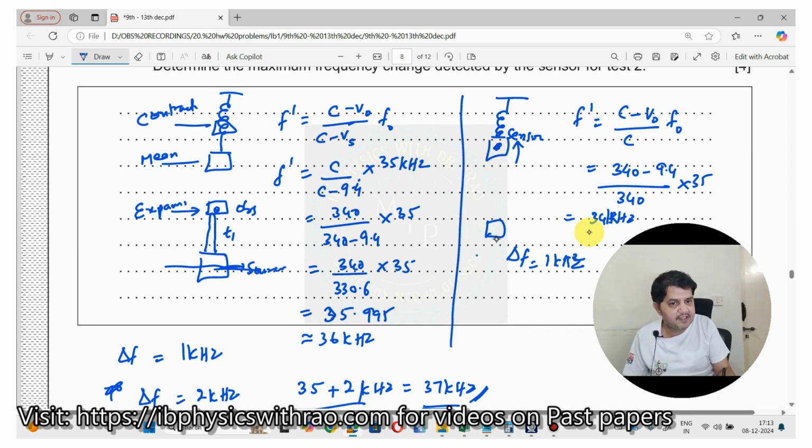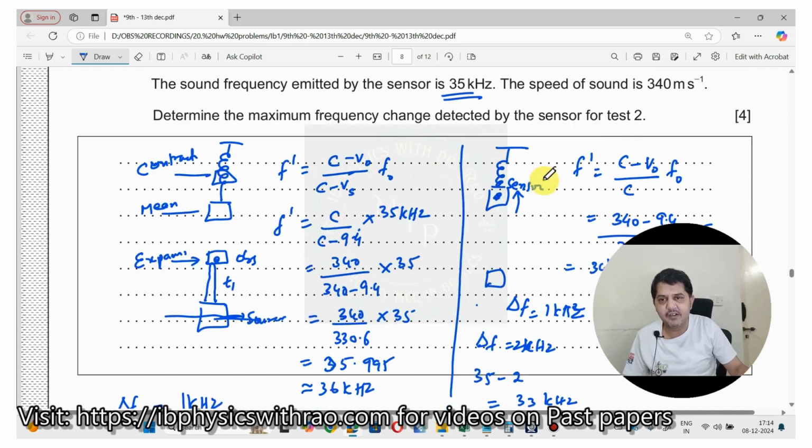But when the sensor is kept here, then what will happen? The new frequency now will be 2 kilohertz. That means the shift in frequency is seen to be 2 kilohertz, which means the actual frequency will now be 35 minus 2, which is equal to 33 kilohertz, right? It is 33 kilohertz.